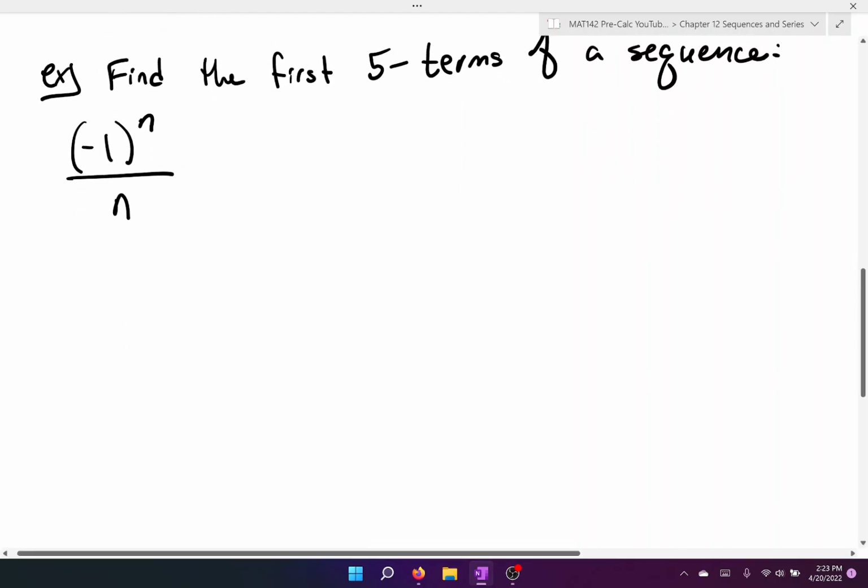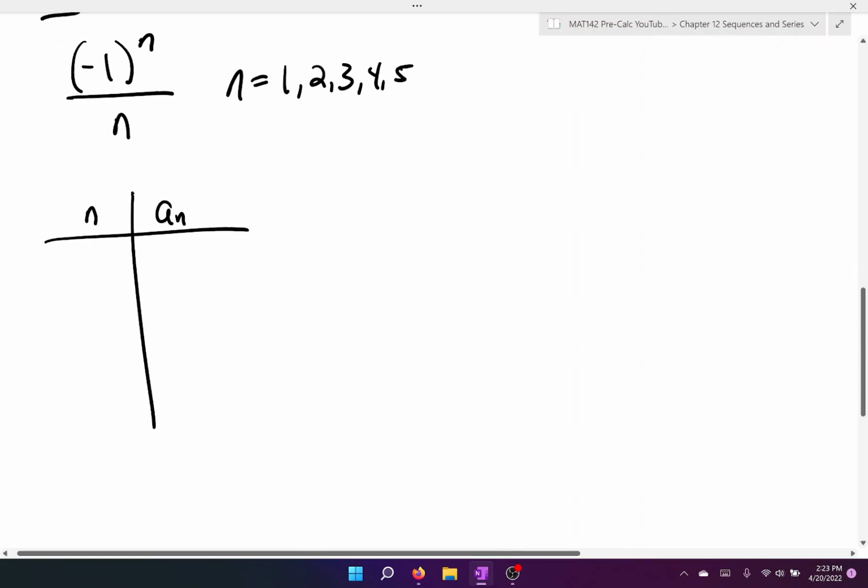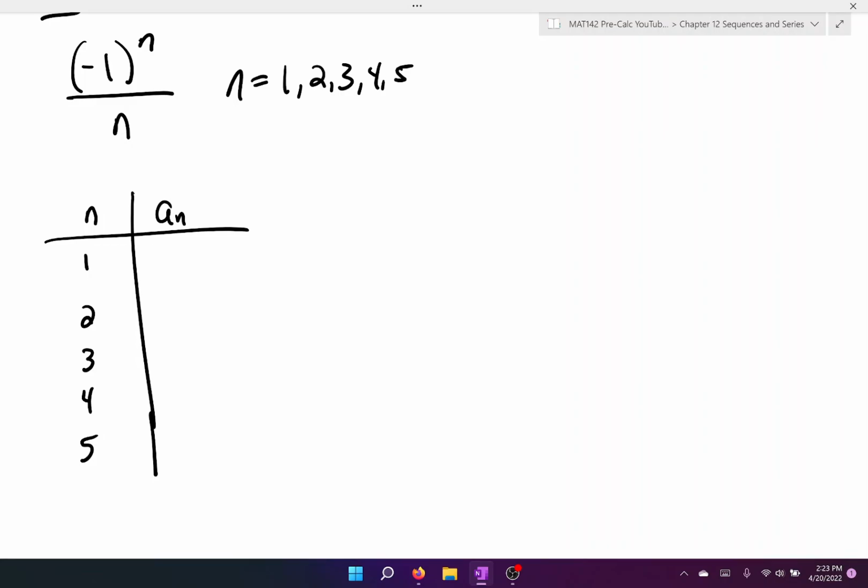So what you would do here is create a little table. We're going to say n equals 1, 2, 3, 4, and 5, because we want the first 5 terms. Then you just substitute every single one of these values of n into the sequence that I've given you, which is -1 to the n over n.